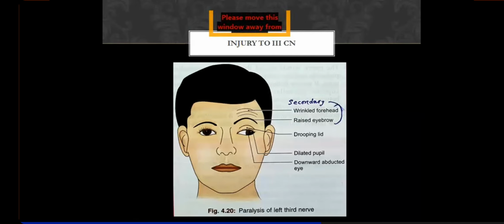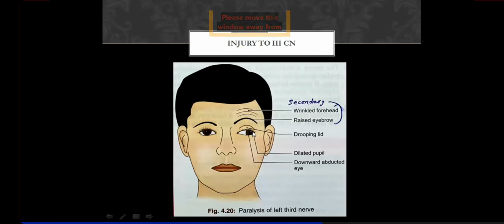One is LPS, जैसे drooping of eyelid हो गई, partial drooping, remember, क्योंकि smooth muscle is intact, that is sympathetically innervated. So partial drooping of eyelids, then loss of pupillary and accommodation reflex, and then downwards and abducted eye.